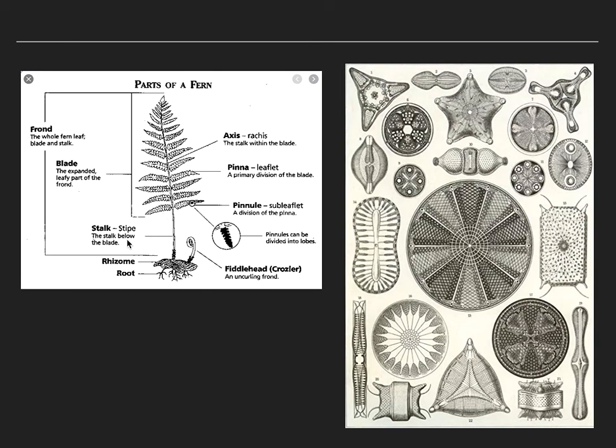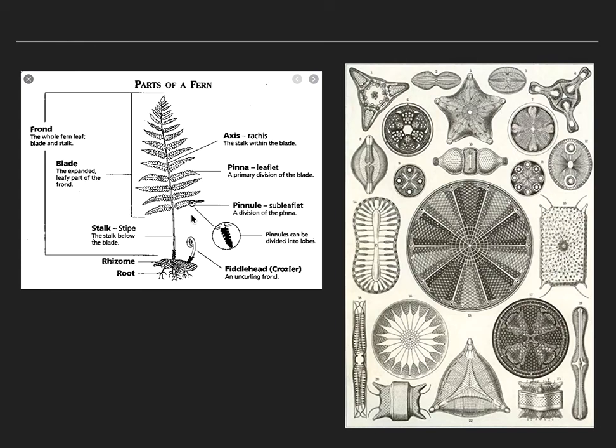So for your project, you're going to be creating a biological illustration. What does this entail? Well, I would like to see something similar to, or we, meaning Miss Grossman and I, because we were talking about this together, something similar to this fern plant.